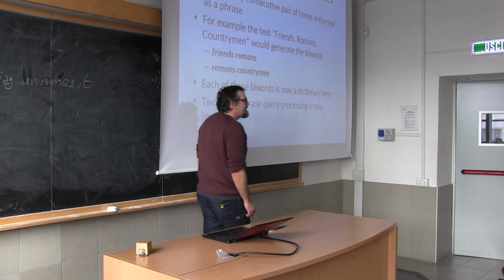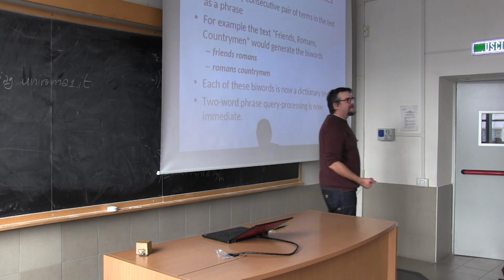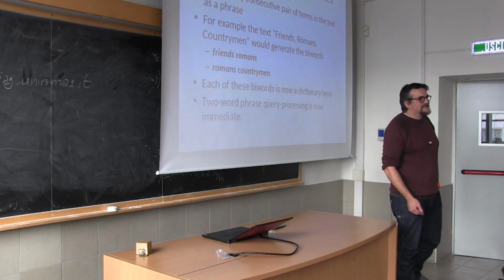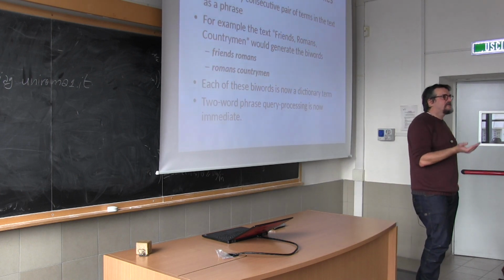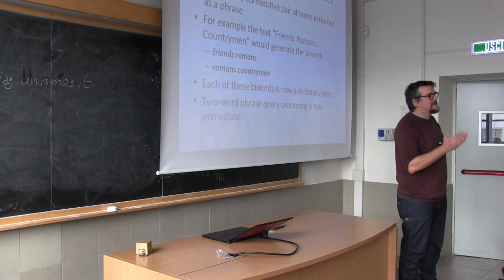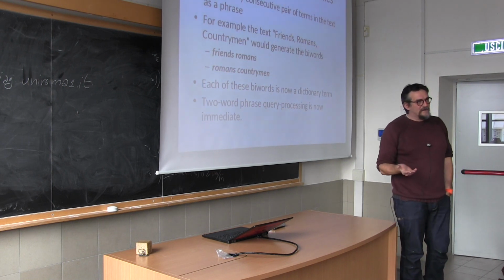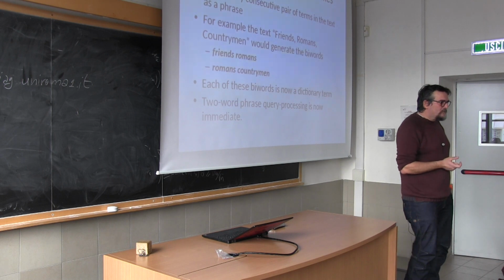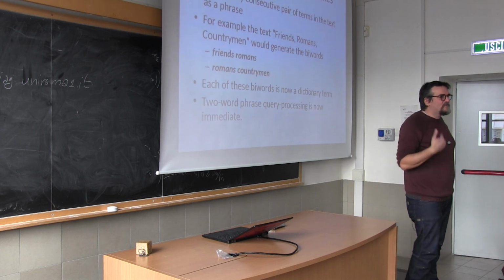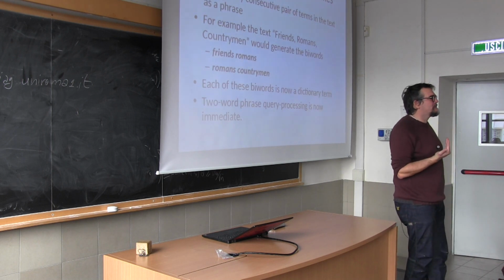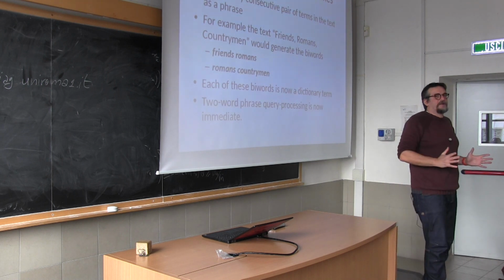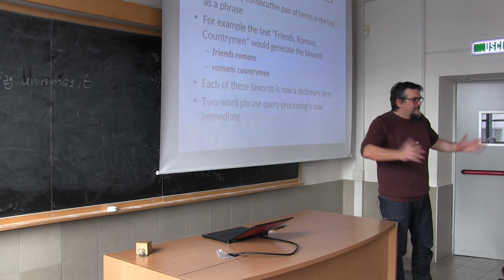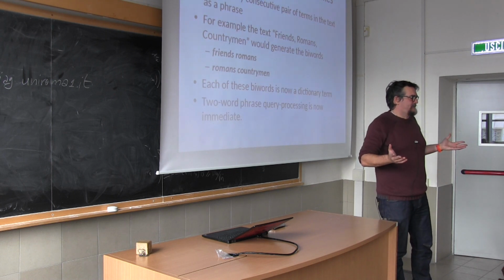Clearly, the main problem here is that with this idea, if instead of Stanford University it is University of Rome La Sapienza, you have to add three terms, and then four terms, and so on and so forth. And what is the problem again? The size of the dictionary explodes, okay?